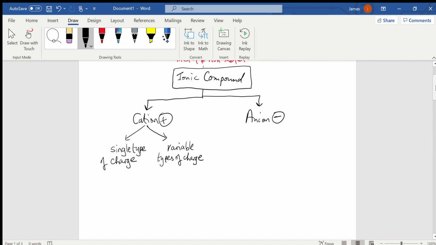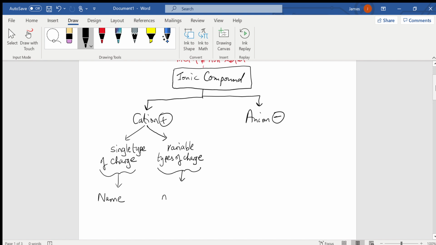If you are a cation with a single type of charge, we just go ahead and name you the same name as the element. Okay. If you are a variable type of charge, we have to specify which charge you are.